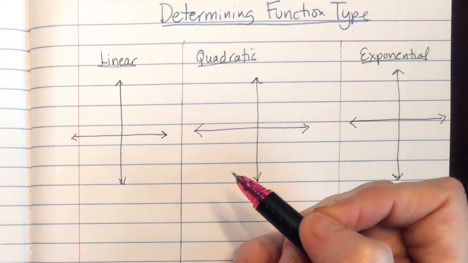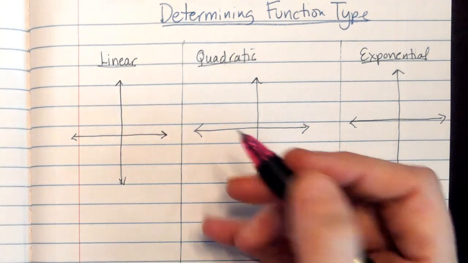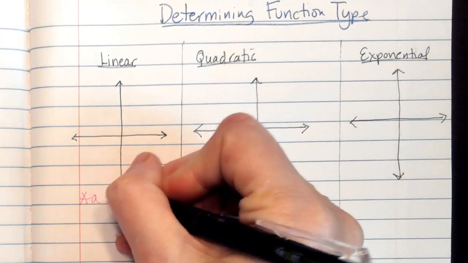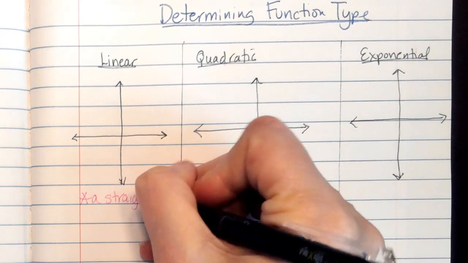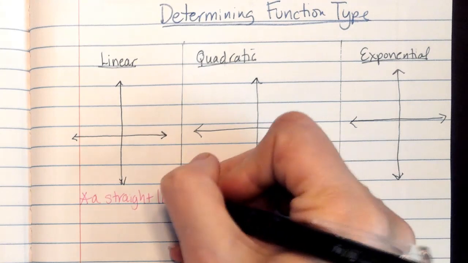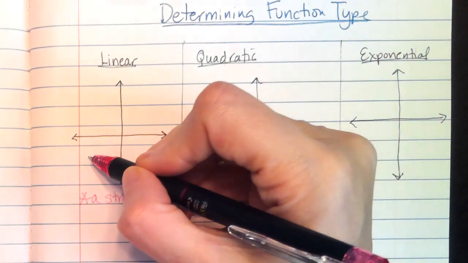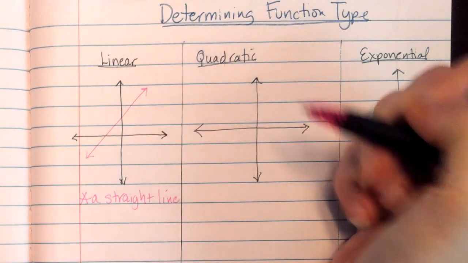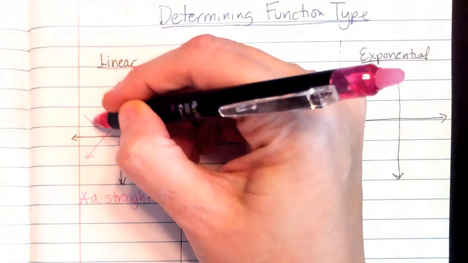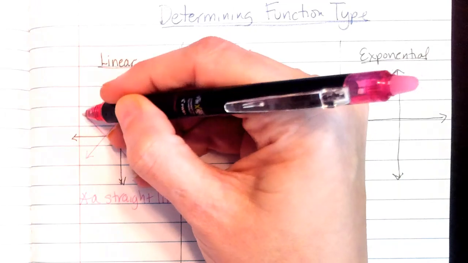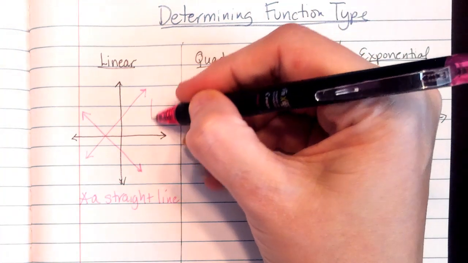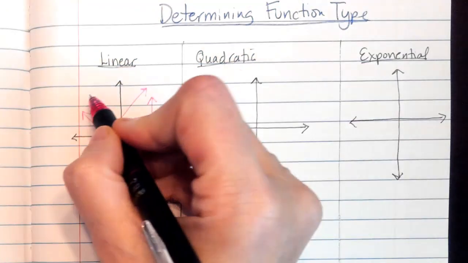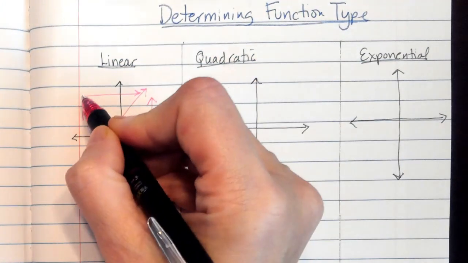All right, our linear graphs. A linear graph is simply a straight line. So let's write that down. A straight line. We had 4 different types of lines we saw with 4 different slopes. We had positive slope, negative slope, up and down or undefined slope, and then 0 slope.